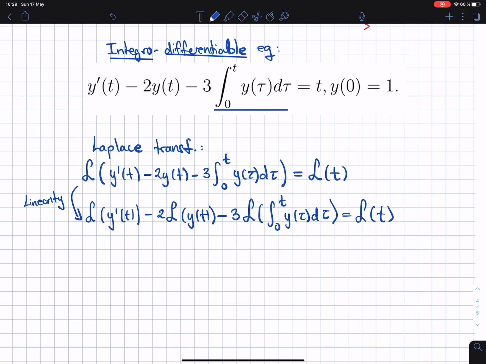Okay, now what I'm going to do here is to apply two properties. The first one is that the derivative in time in the frequency domain is multiplying by s. And the other property that I will apply is regarding the integral of a function. Remember that in the frequency domain it is just dividing by s.